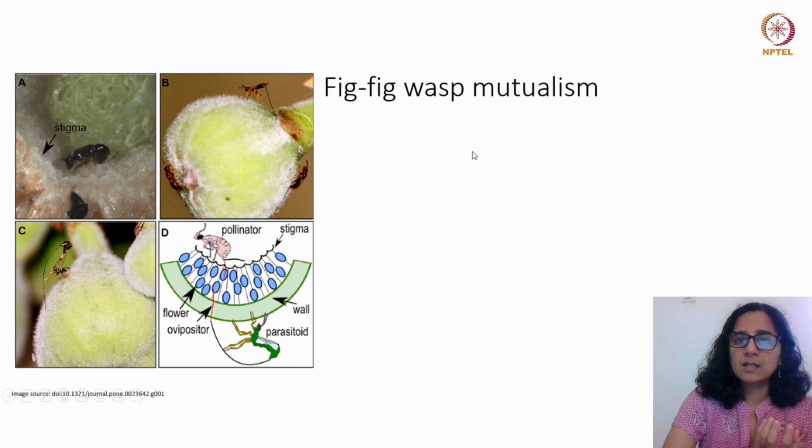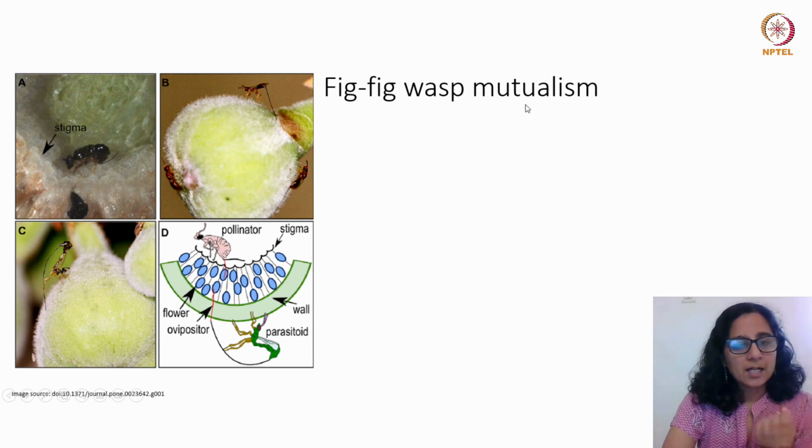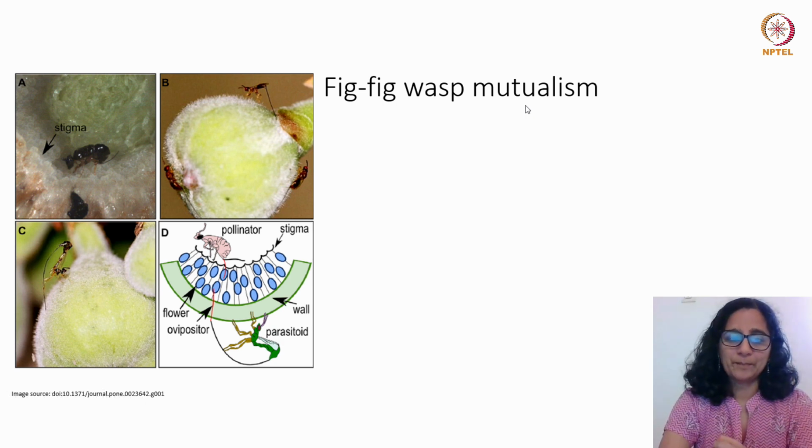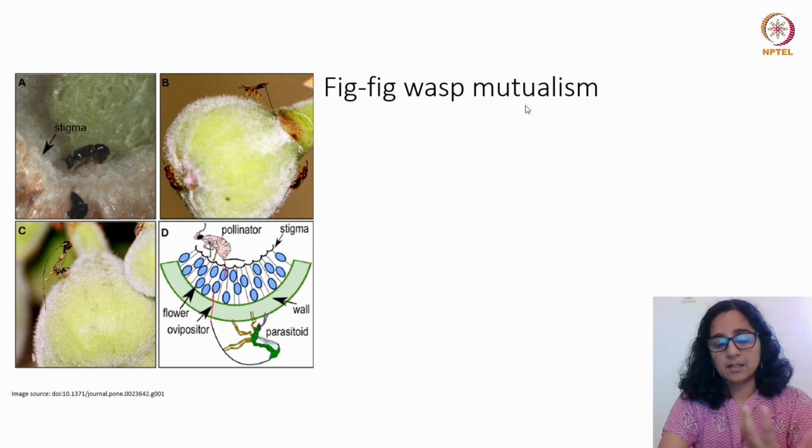So this is fig wasp mutualism. In fact, each fig species has its own specific fig wasp. So it's a species-specific fig wasp, right? So there are as many fig wasps, or more fig wasps, as there are fig species around the world, right?